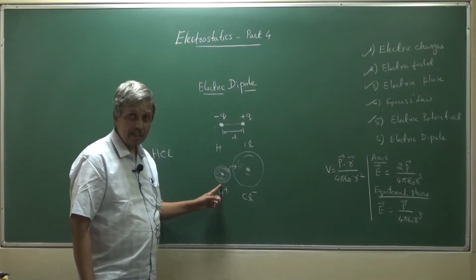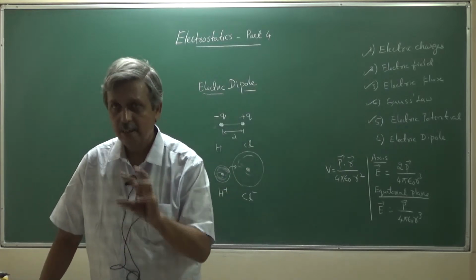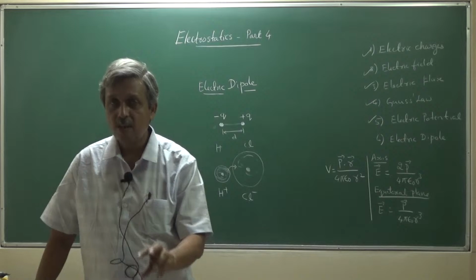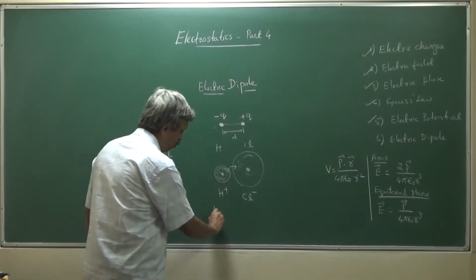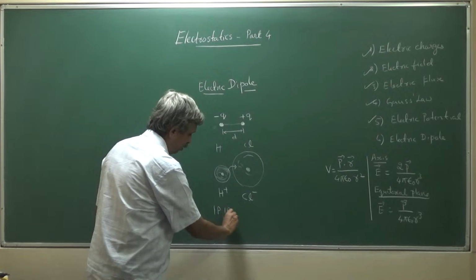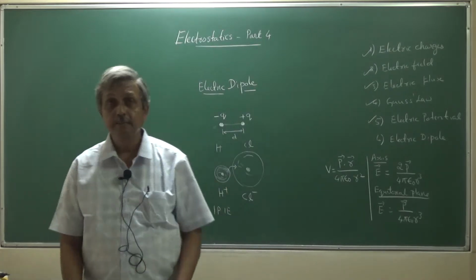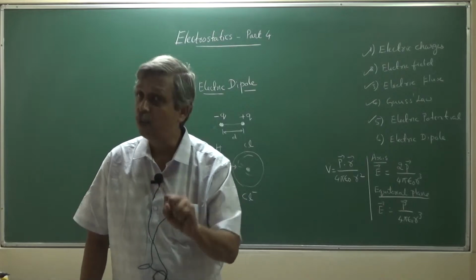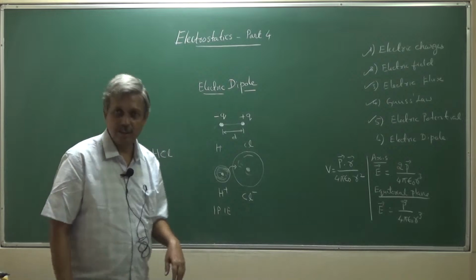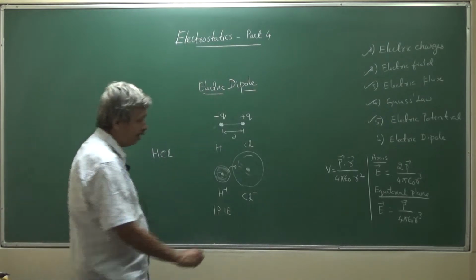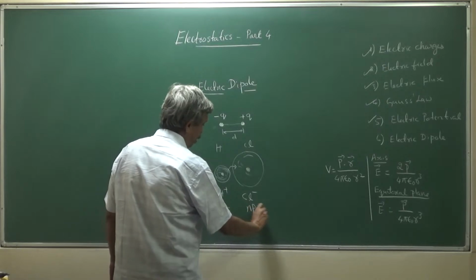Here, it has given away one electron. The number of electrons is equal to the number of protons: one proton and one electron here. Whereas chlorine has many electrons and many protons, but equal. Depending on the chlorine atomic number, I am going to write it as n protons and n electrons.